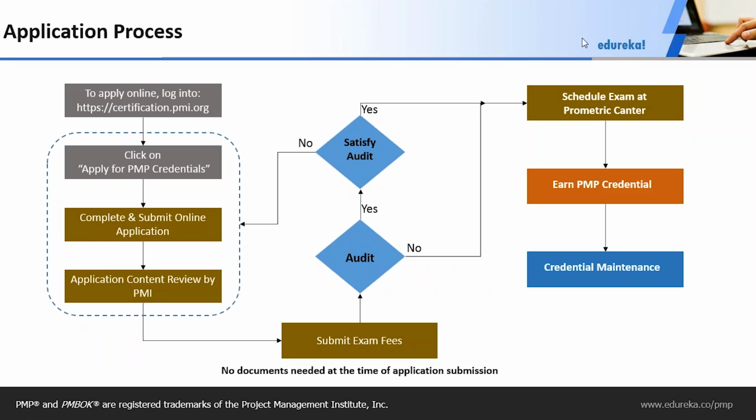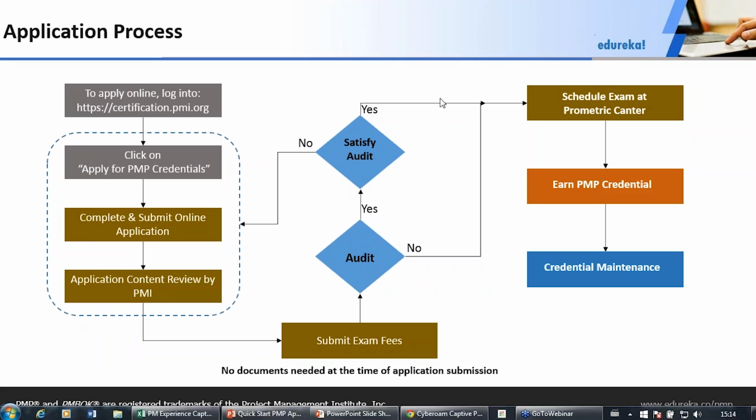If your application is picked up for audit, then you will receive this notification from PMI. They will make you aware of the entire process, that what are the things that you need to do to clear that audit process, and you will be given 90 days time to complete all the audit requirement. I'll come to the audit process in a while from now.